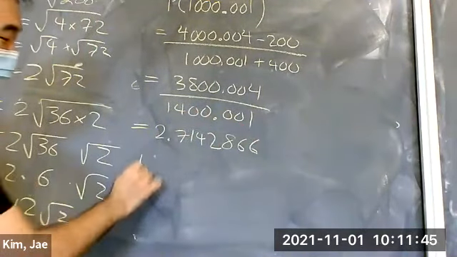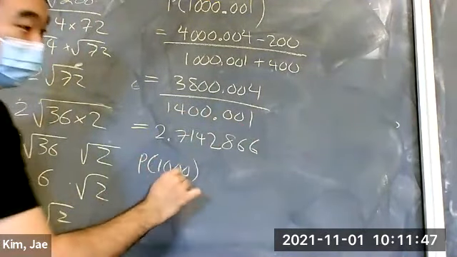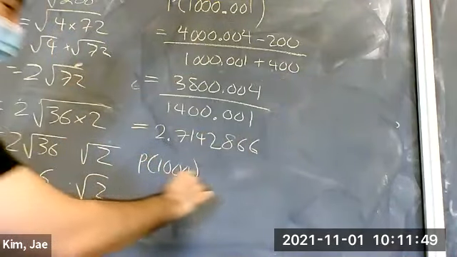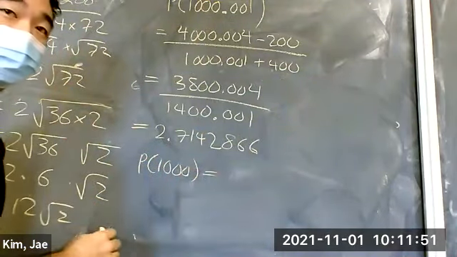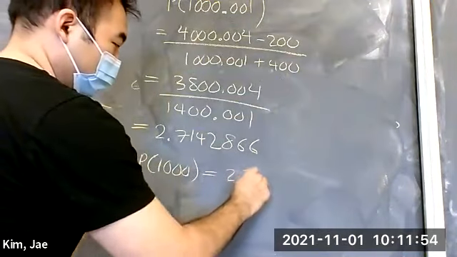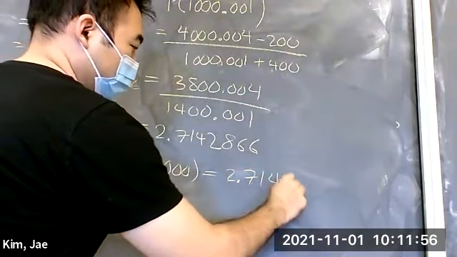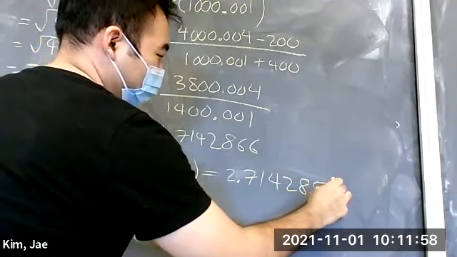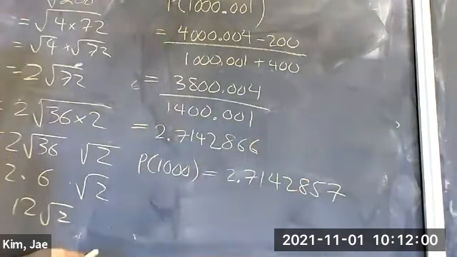Could we go back to the profit when it's just 1,000? Can you do 19/7 again for me? 2.71. Uh-huh. 857. Wow. Okay, that's going to be enough.